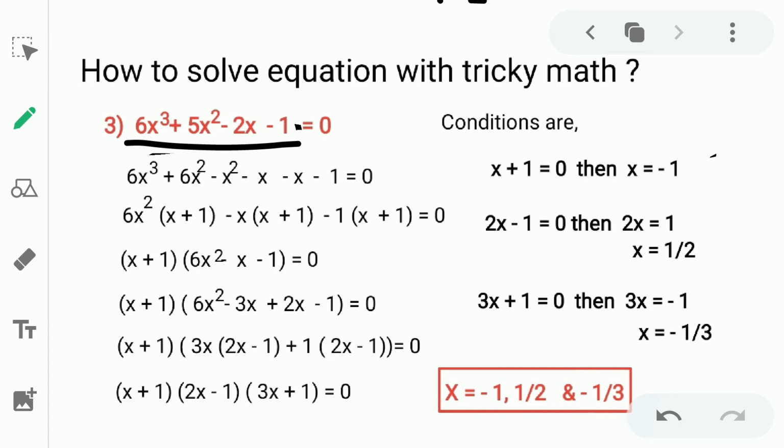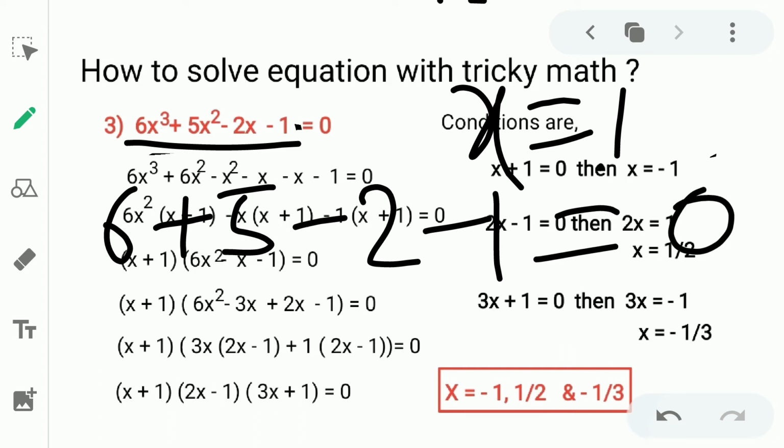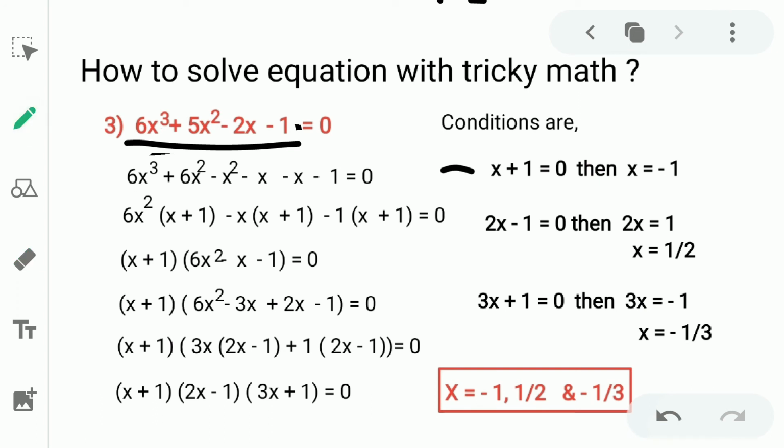So if we take x equals 1, then this is 6 plus 5 minus 2 minus 1, which is not equal to 0. So x equals 1 is not a factor. Let's try with minus 1.